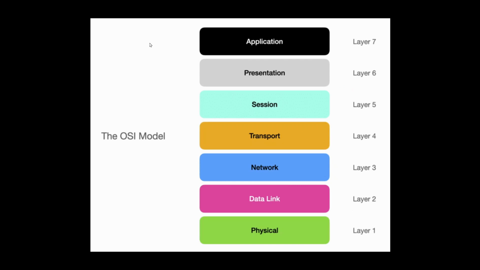If you look at it from upper to lower, the first one is the application layer, the second is the presentation layer, the third is the session layer, then the transport layer, then the network layer, then the data link layer, then the physical layer.